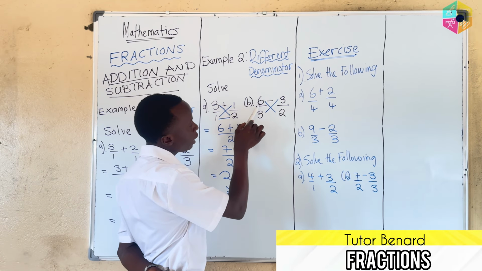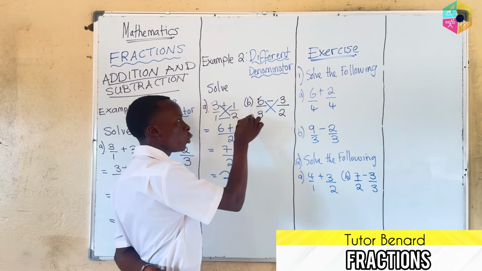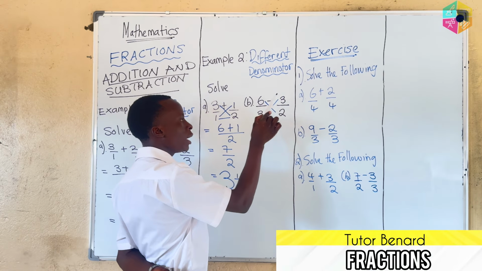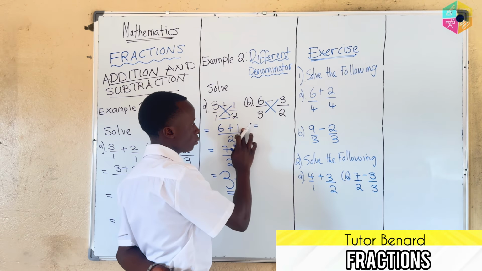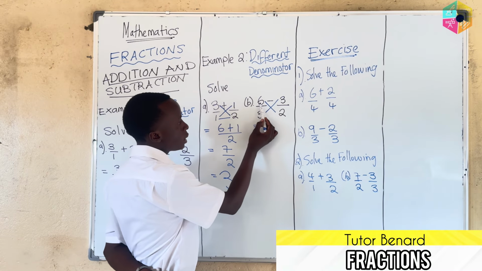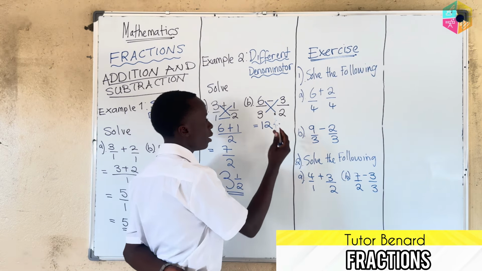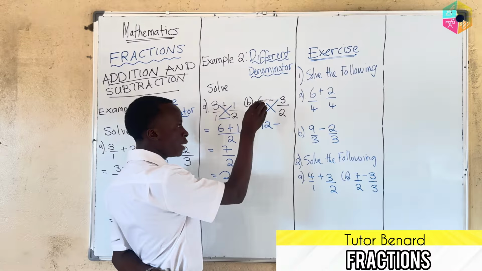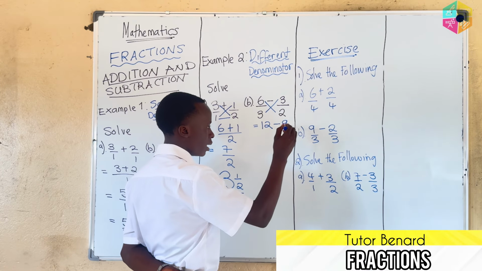You multiply this 6 by the 2 and then this 3 by the 3. So 6 times 2 minus 3 times 3. 6 times 2 will give us 12, minus, which is already here, 3 times 3 will give us 9.